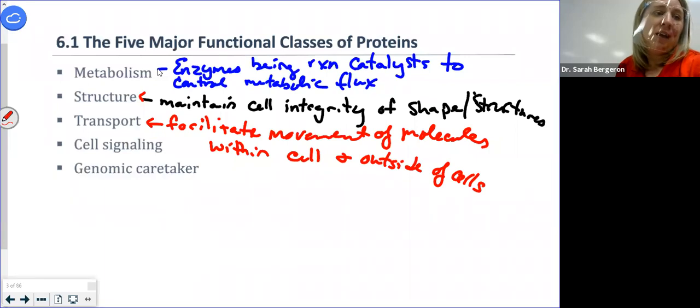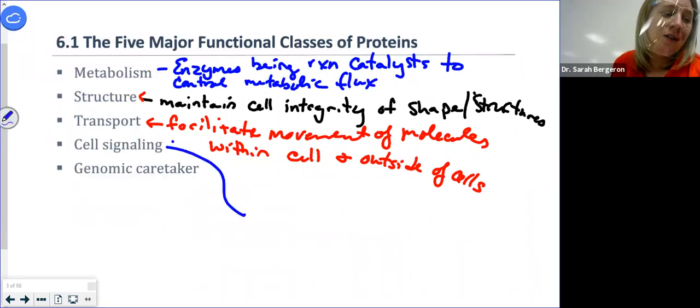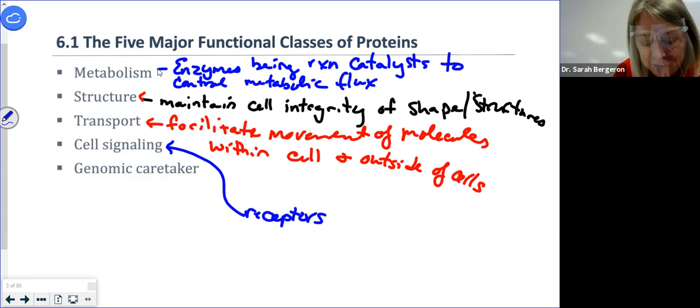Okay, cell signaling. So the ligands are going to interact with receptors. So receptors are a big part of cell signaling. And do you remember what we called this in the very beginning?